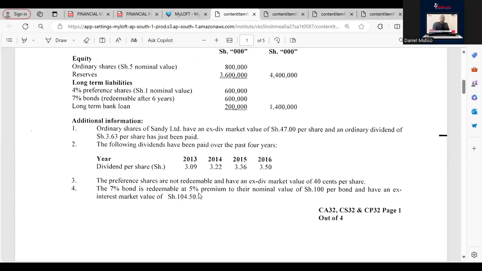Now, in this case, as you can see in additional note number 2, they have not given you the growth rate. So which formula can I use for the growth rate?